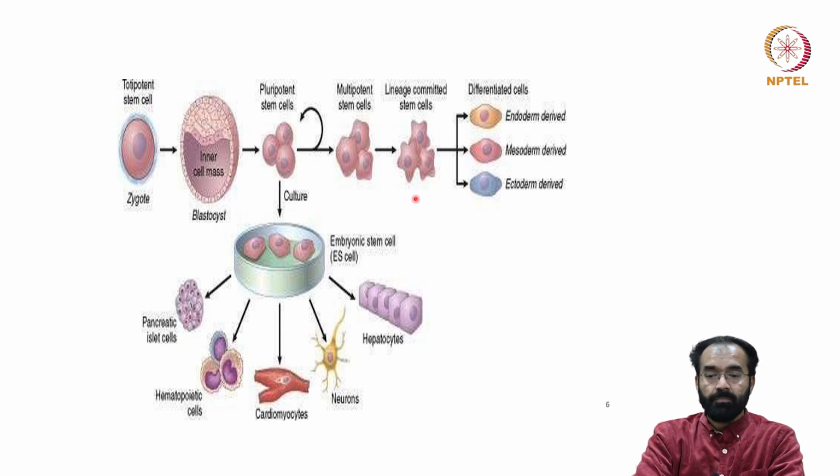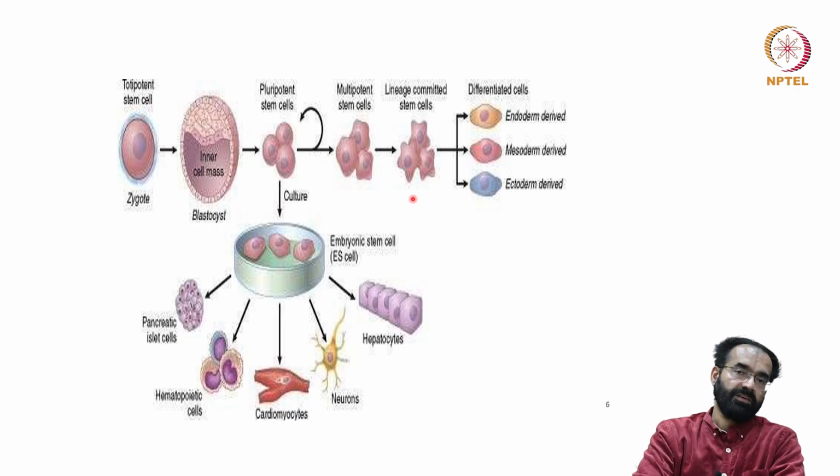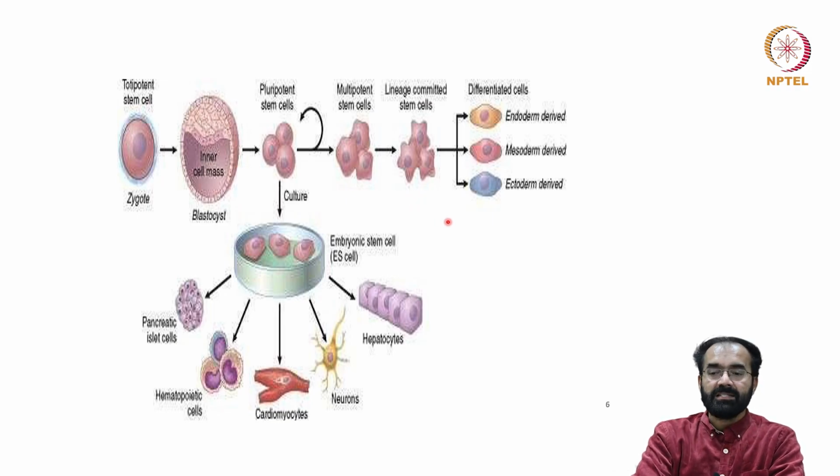And then these multipotent cells give rise to lineage committed cells. Lineage committed means they have moved away from the multipotent status. Now they have committed to give rise to a group of cells. Classic examples include your bone marrow stem cells, which can give rise to only the RBCs and the WBCs, red blood cells and white blood cells. They do not give rise to skin cells or muscle cells.